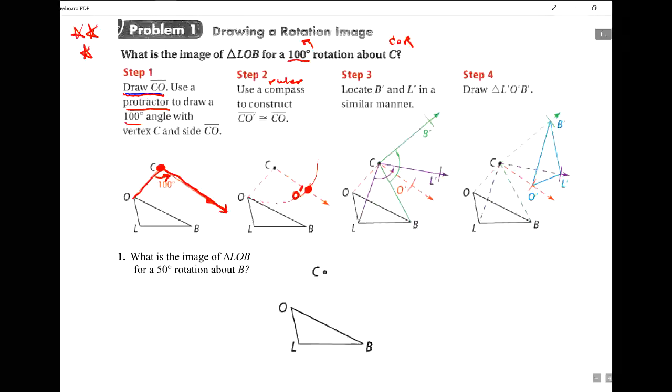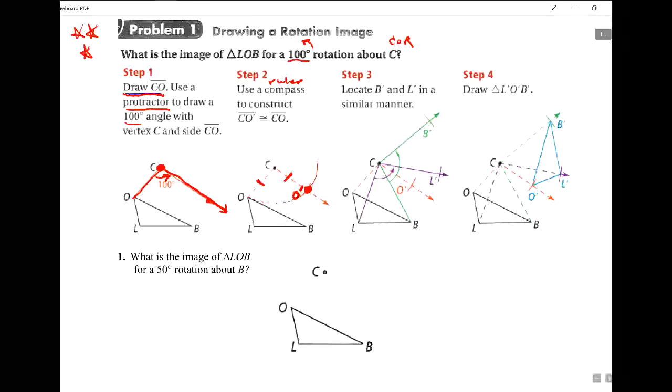Now, we know that these are equidistant, so we could also just take a ruler and measure the length of CO, and then go to the line we drew with our protractor and measure CO prime. And you put it out here. So compass or ruler will do that. So we have O prime.